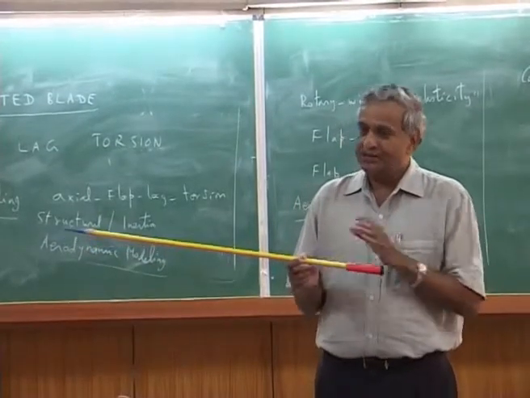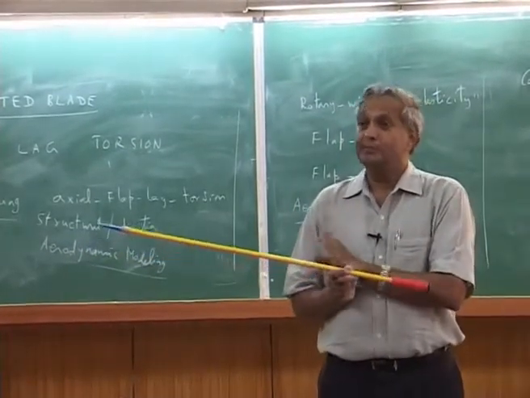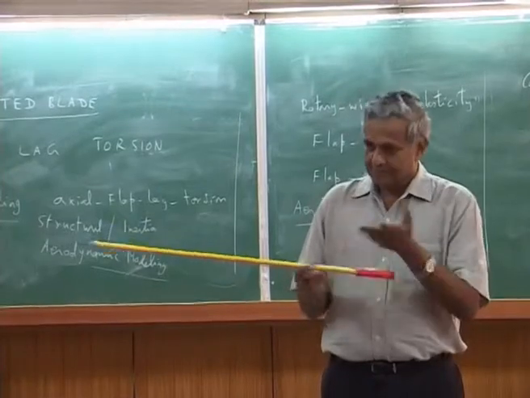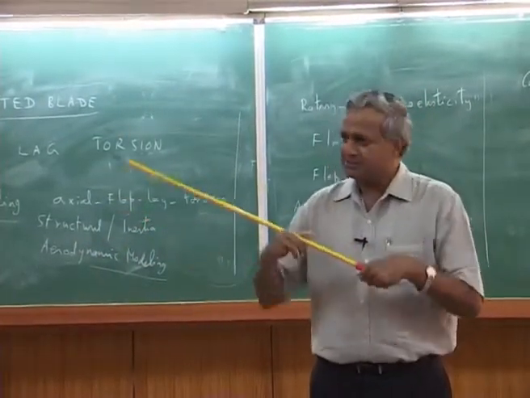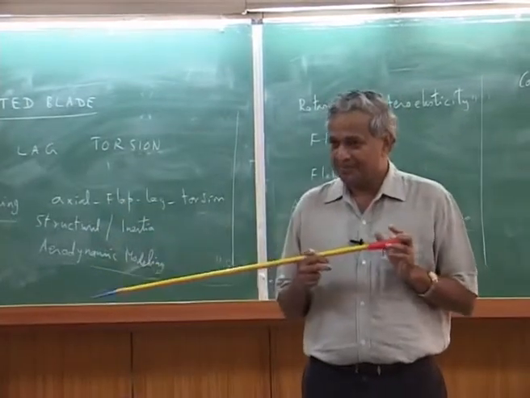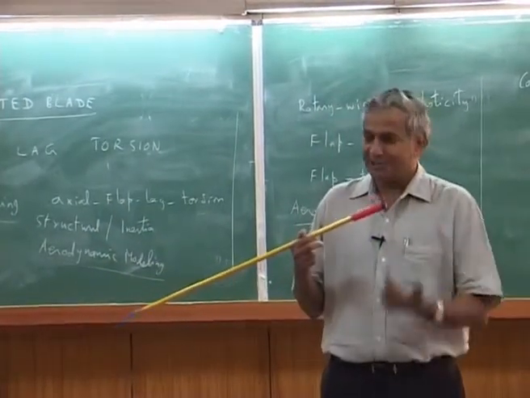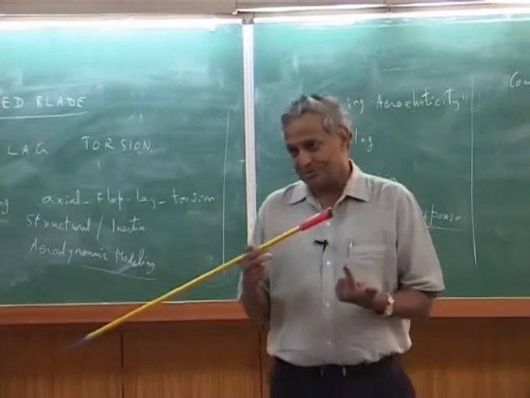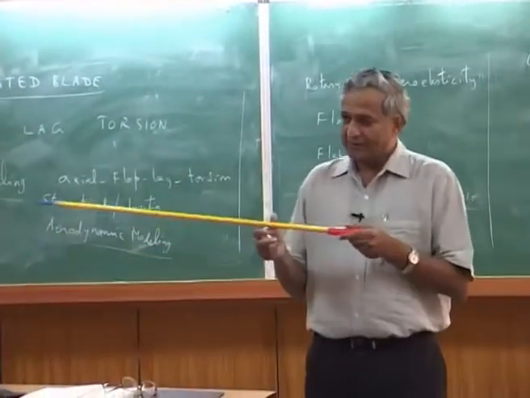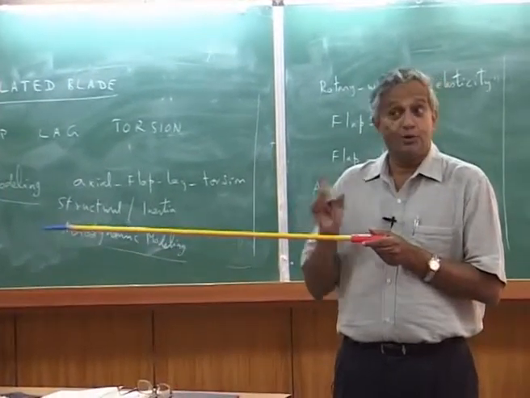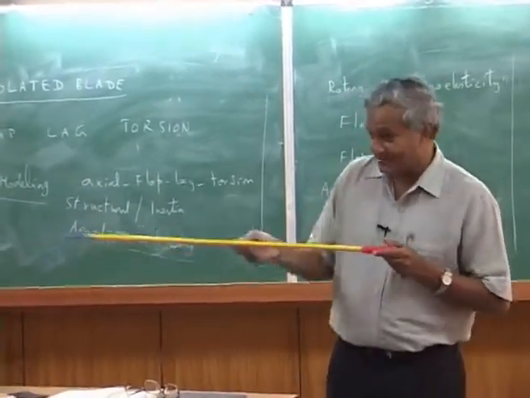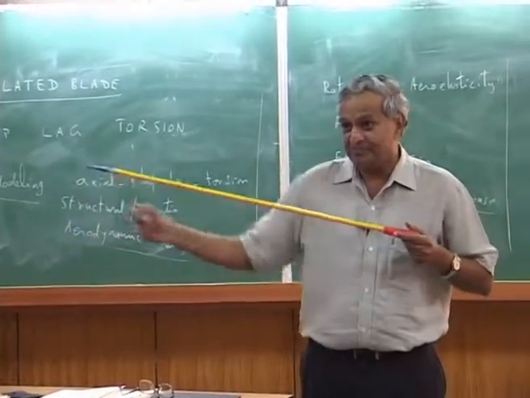So that will give you the bending moment: flap bending moment, lead-lag bending moment, and maybe torsional moment. Torsional moment normally goes to the pitch link load, so they measure the load on the pitch link. So for flap, they put a strain gauge where they measure the root bending moment. Please understand, it's not that they measure the entire motion at every section.